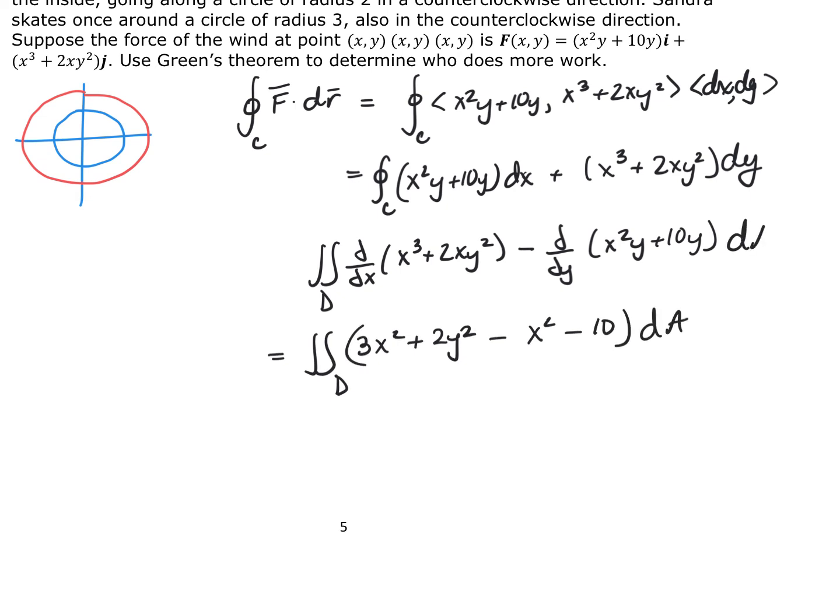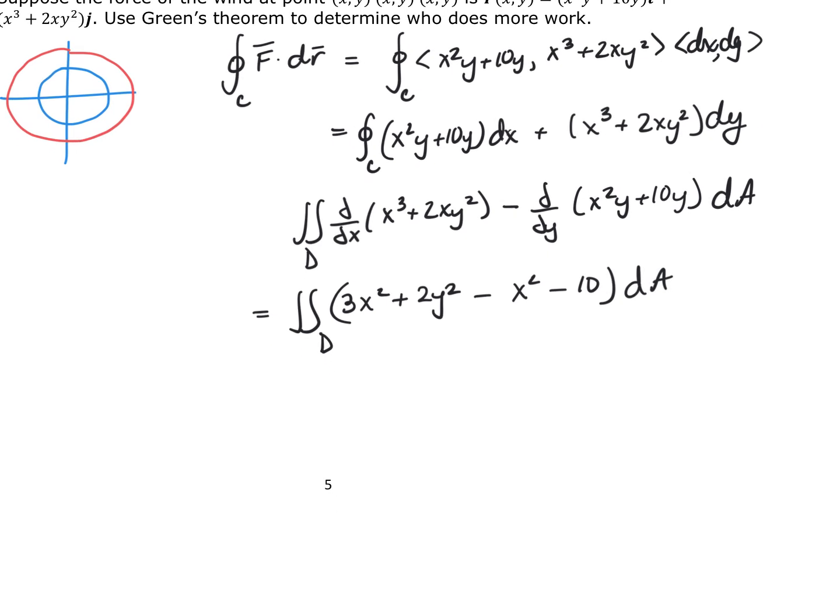Don't forget the dA. And so this will be the double integral over the region D of 2x squared plus y squared, and then minus 10.